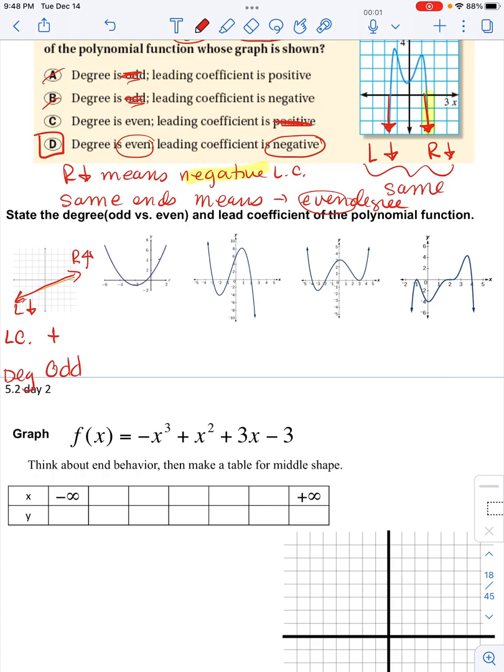So take a look through these. Right end up. Left end is also going up. So the right end going up tells me about my leading coefficient. The fact that they're doing the same thing tells me about my degree.